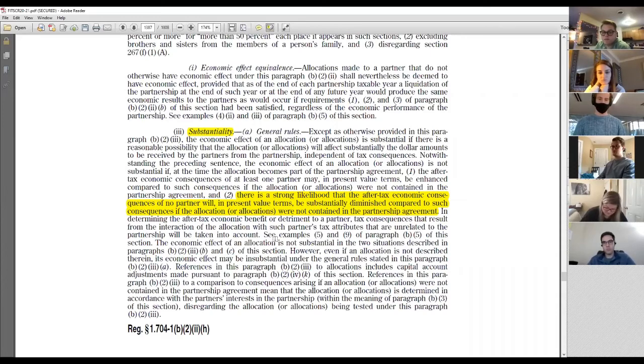If you're shifting ordinary income from one partner to another, that partner is going to be worse off, the one that gets more ordinary income. And the tax liabilities of the partners aren't going to go down because you're just moving the tax liability from one partner to another. It's only when you have these different tax attributes that you're exploiting do these issues come into play.